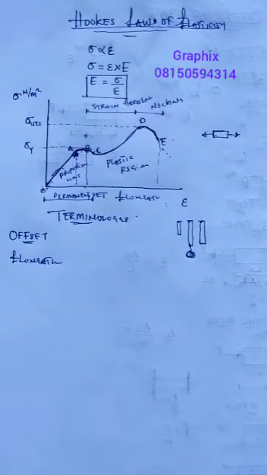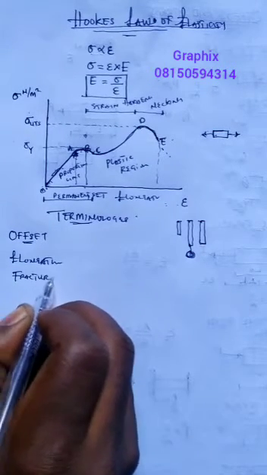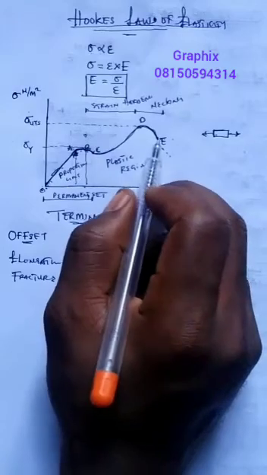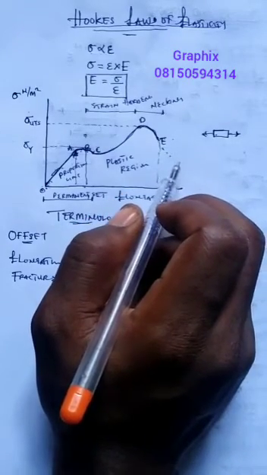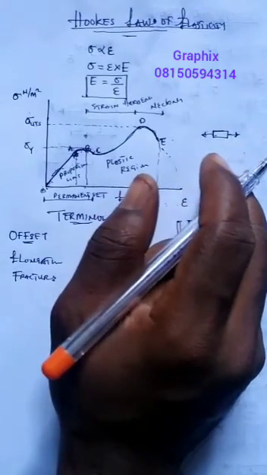Now the next we'll talk about is the fracture. The fracture is where the failure of the material takes place at point E. The material starts to fail. It can no longer take the load anymore, then it breaks. The fracture is also called the breaking point too.